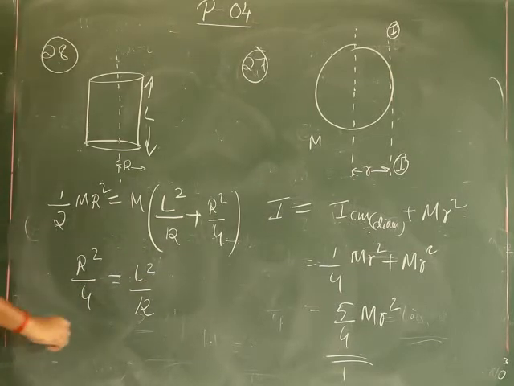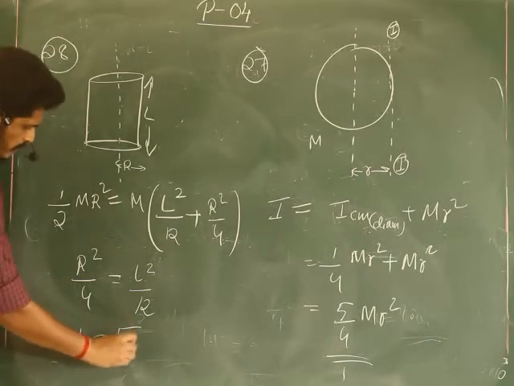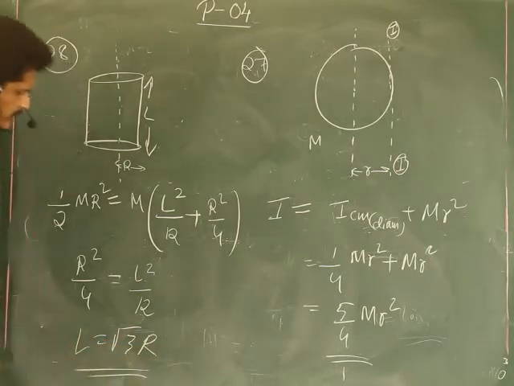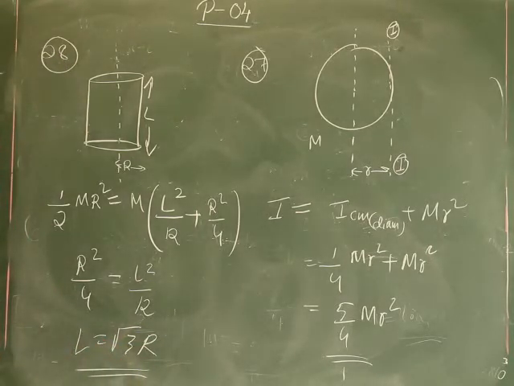Next, L equals root 3 r. I think the question is clear for you. They have given that if both are equal, what is the relation between them? That is what I have written here.